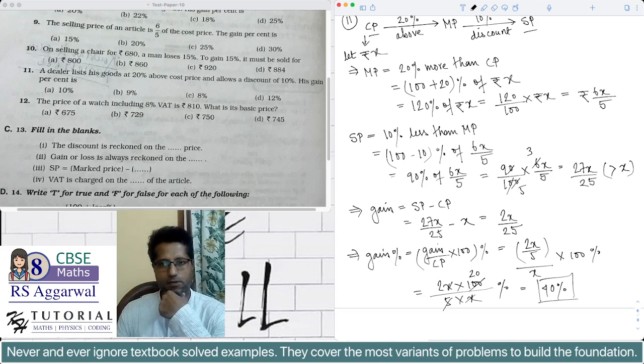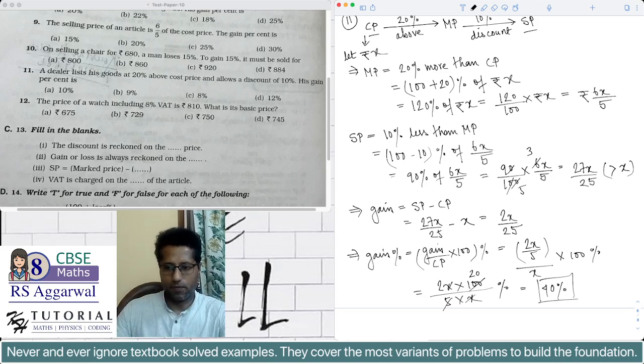So I might have done something wrong. The gain percent is gain by CP multiplied by 100, which is equal to 2x by, oh, it will be 25.